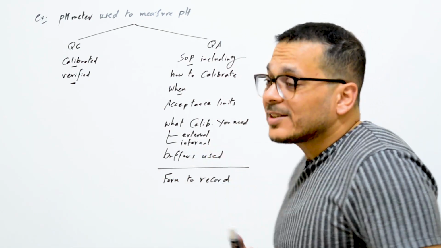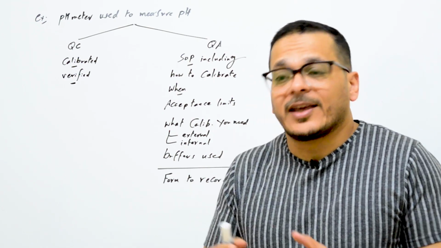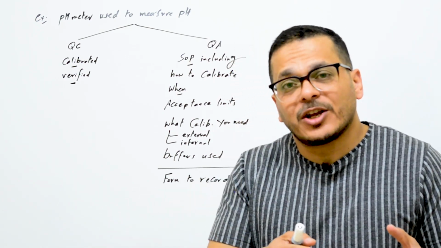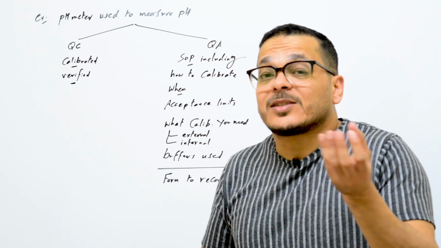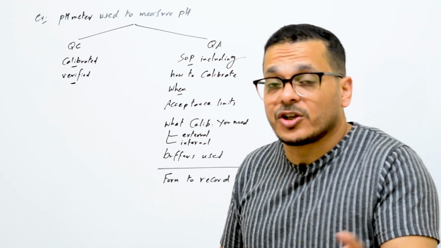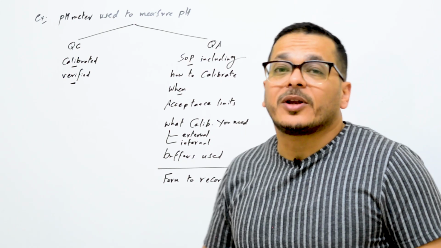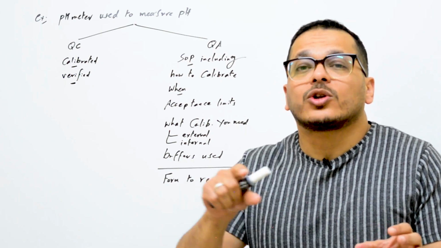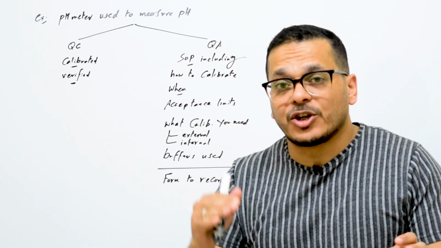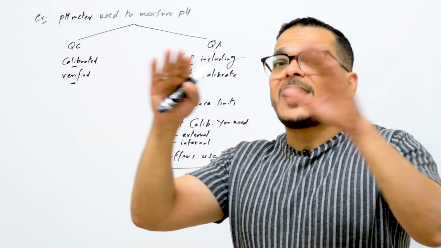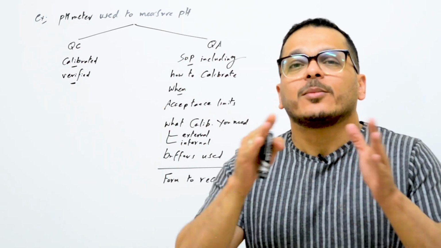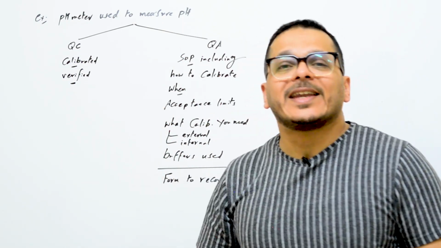And also what calibration you need to make, internal or external. For this you need to have specific buffers, and you will prepare a specific form to record the result of this calibration and verification, to write the performance of this equipment before measuring any sample.